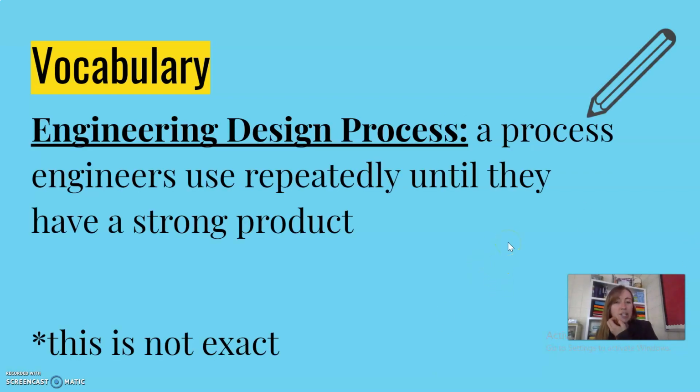All right, so the engineering design process is a process that engineers use repeatedly until they have a strong product. This is really similar to our scientific process. They have a lot of similarities. One of the important things to remember with each of these processes is that we talk about them as if they have concrete steps. You're about to write down a list of steps.